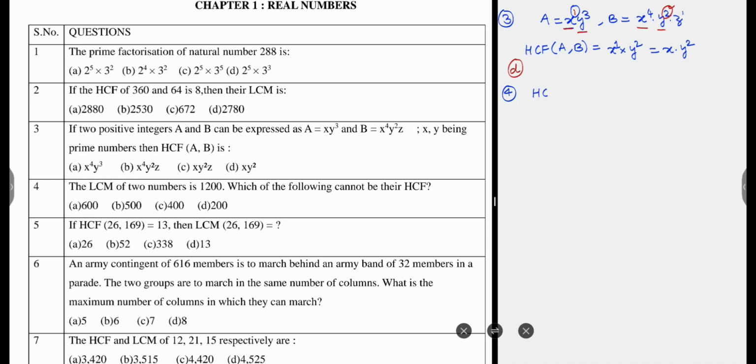The HCF of any two numbers is always a factor of the LCM of the same two numbers.